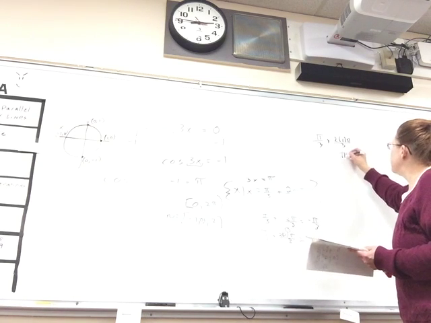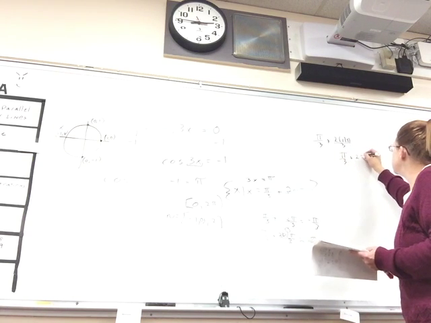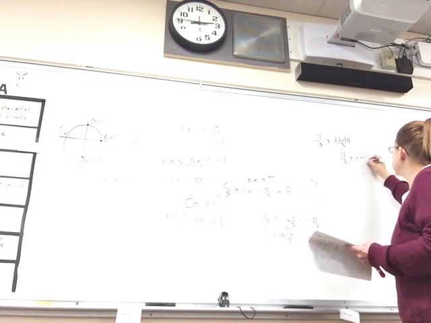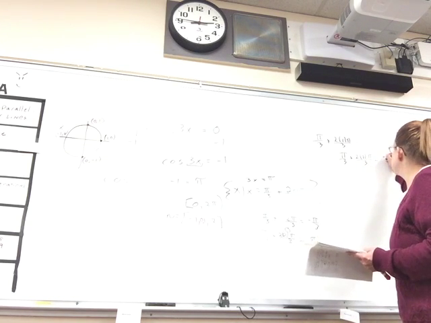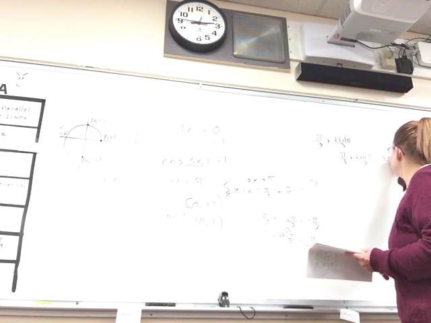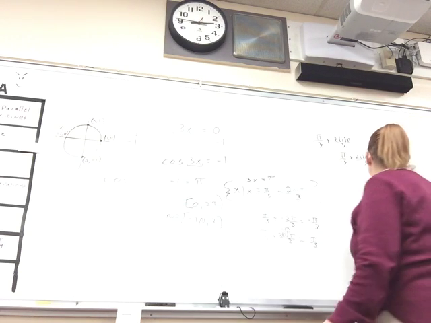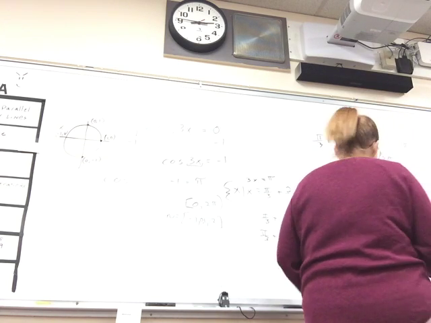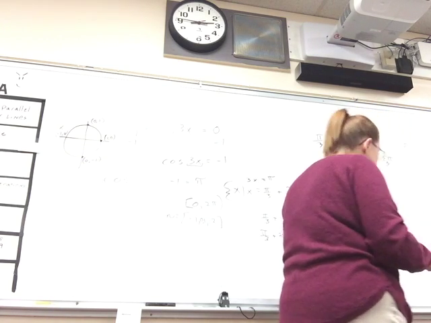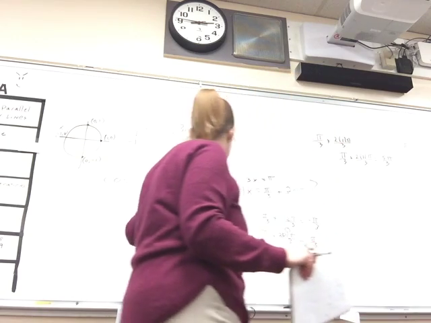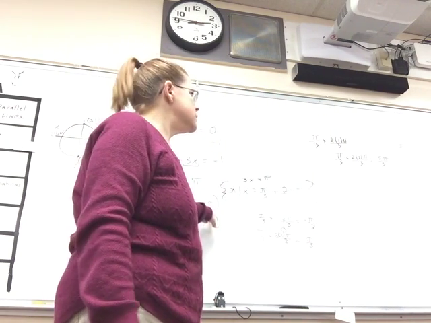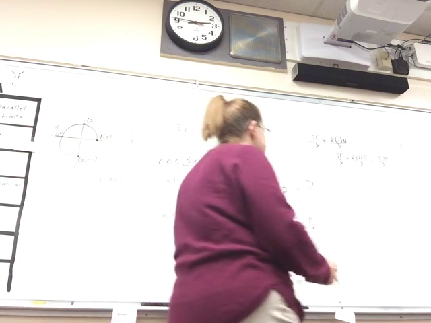And then if I check pi over 3 plus 2 times 2 pi over 3, this is going to become 5 pi over 3. Is 5 pi over 3 greater than 2 pi? No, so that's also in the interval.